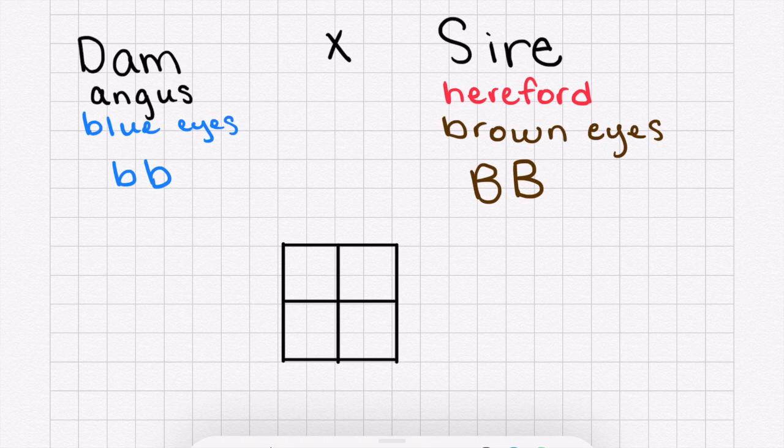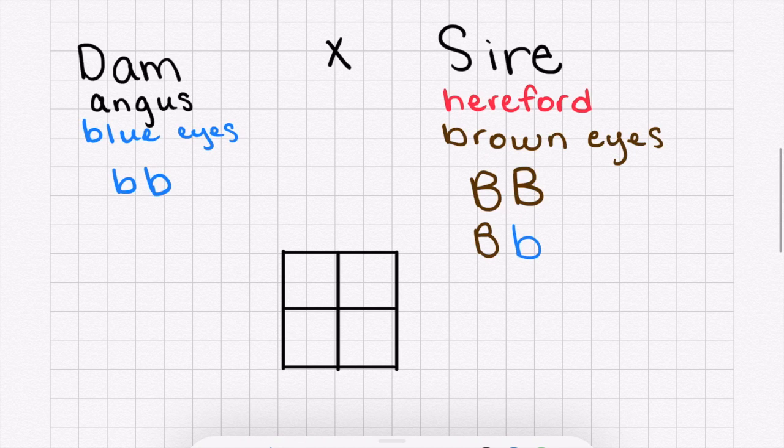And the sire has brown eyes. So how do we represent brown eyes? Well, there are two different options. We could either have a big B for brown and another big B for brown, or we could have one big B and a little b. Now, why is this?